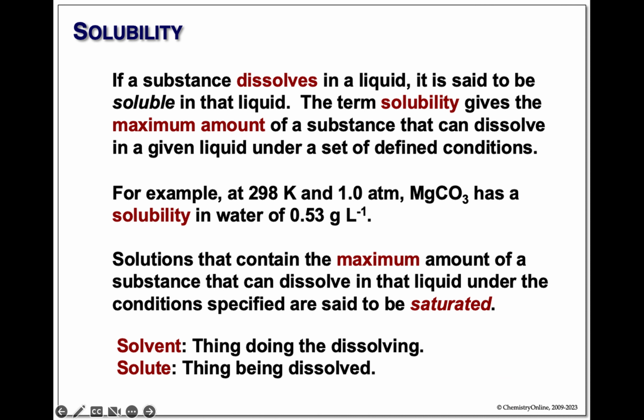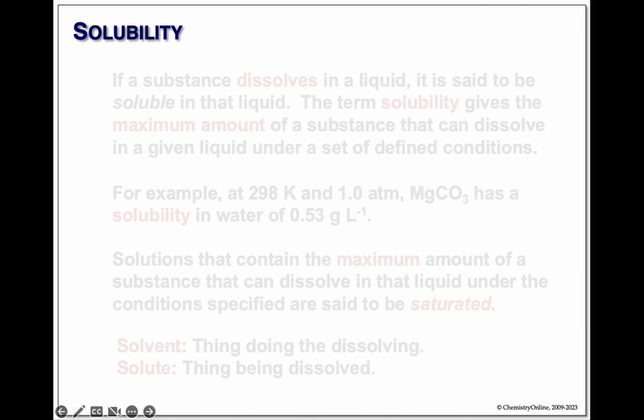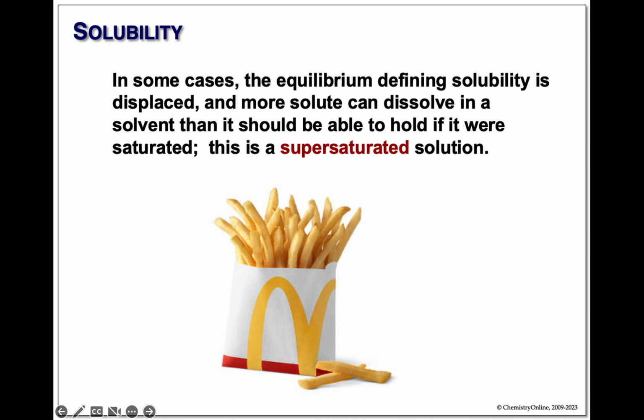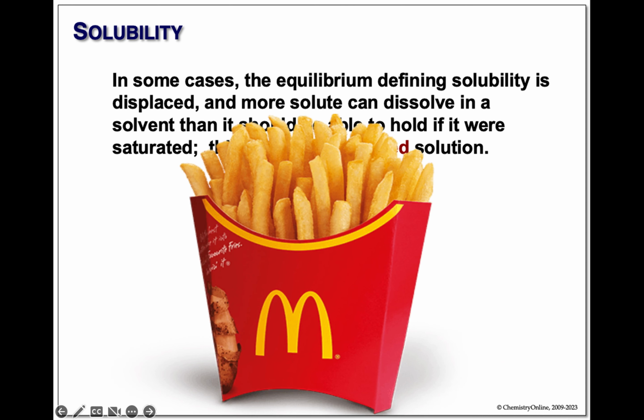Then, if we let it cool down very, very slowly, we can get a solution that's called supersaturated. Think about fries. There's our standard fry. This is super fries. Same thing. We're going to get more of our solute into the solvent than is supposed to fit. It's kind of a neat experiment to do in lab.